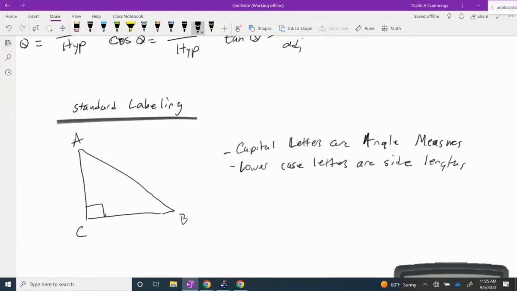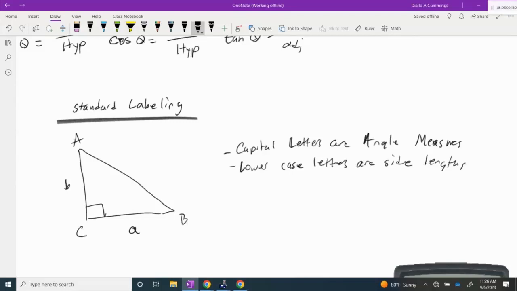For angle A, the side that's opposite angle A is side length A, and that's a lowercase letter. This is what I mean by opposite side. This is my angle A. The side opposite angle A is side length A. This is angle B. The side opposite angle B is side length B, with a lowercase b.